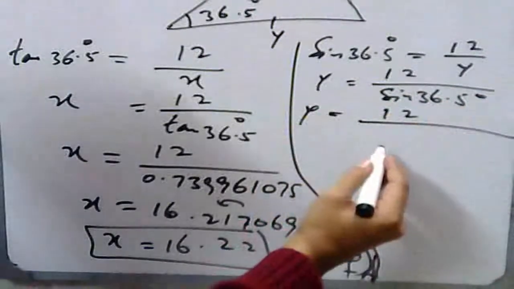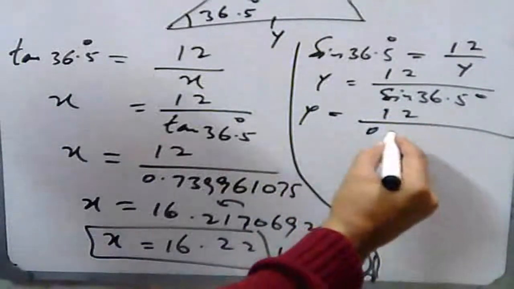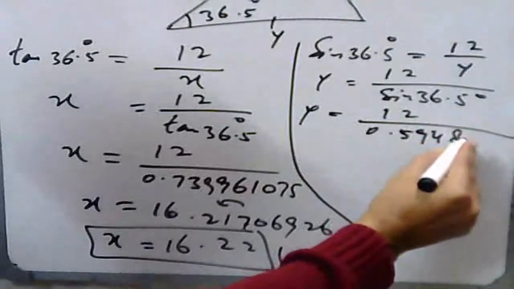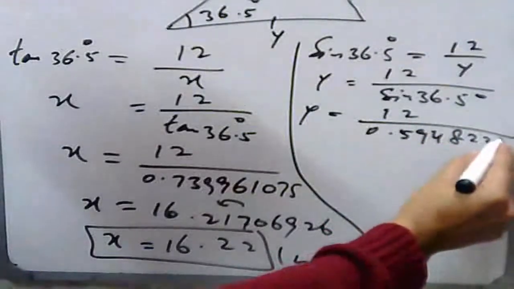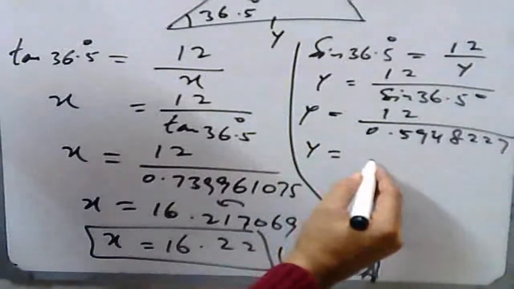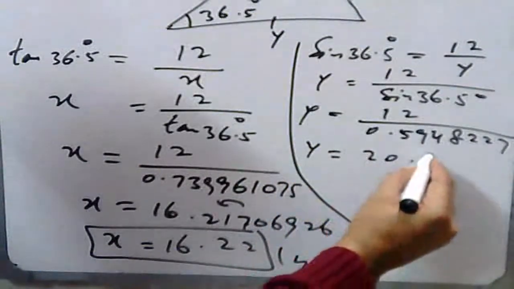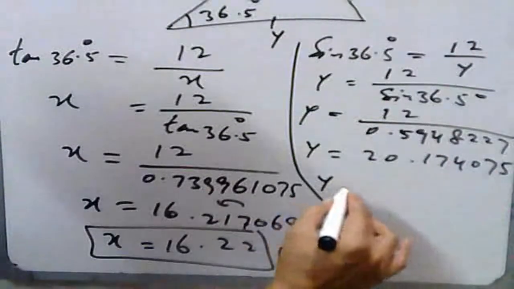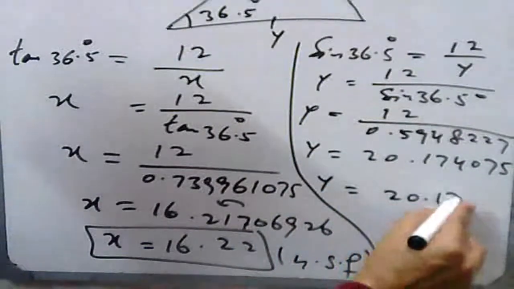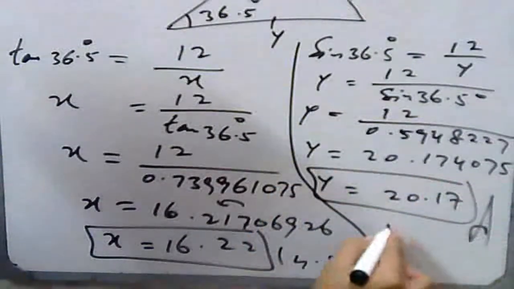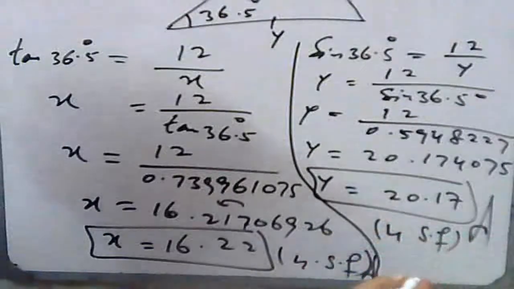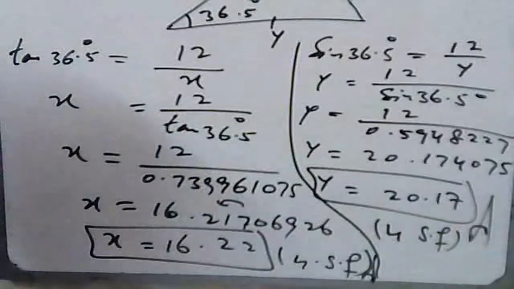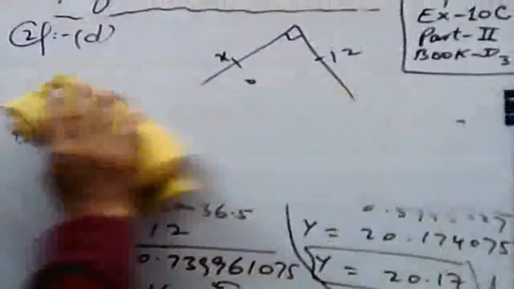You need the value of y, therefore y is equal to 12 divided by sine 36.5 degree. The value of sine is 0.5948 and the value of y after division, you will get 20.174075 and up to 4 SF, that is 20.17 is your required result up to 4 significant figure.